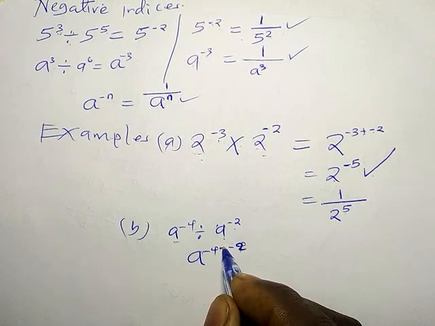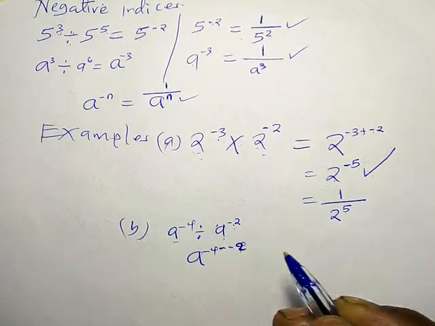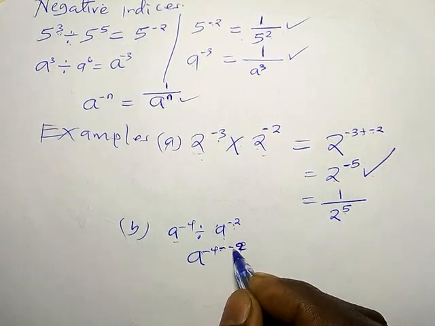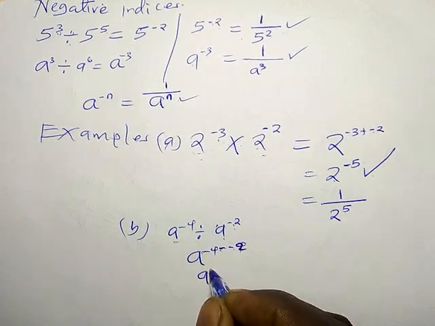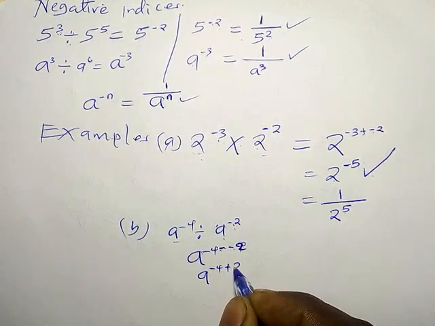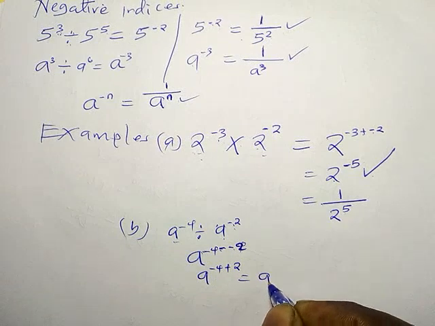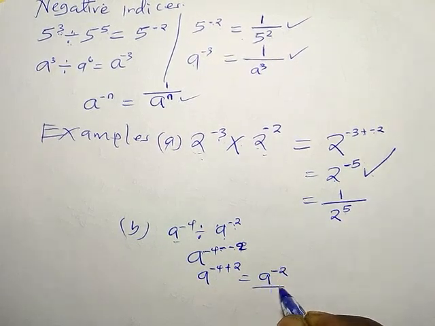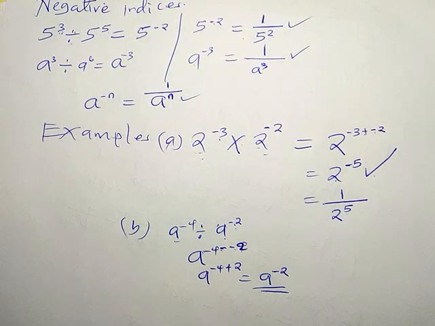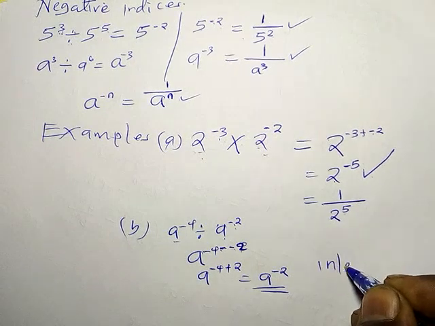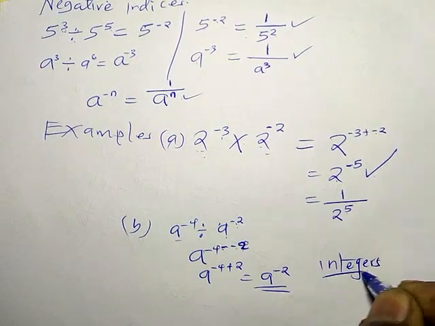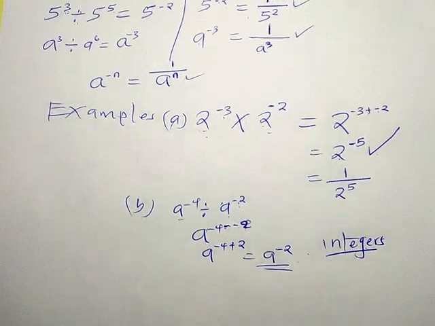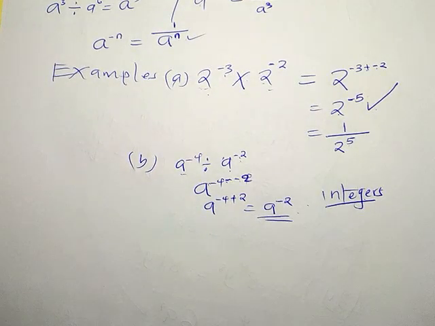We are subtracting, but what we are subtracting is a negative number. So negative times a negative is positive. So we will have a, negative 4 plus 2. And the answer is a raised to power negative 2. You must understand what we call integers. Form 1. This one also needs integers very, very much.